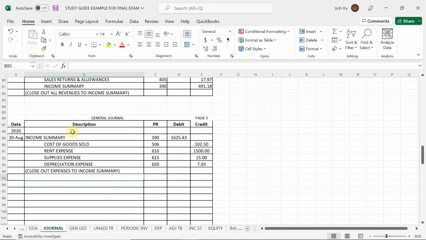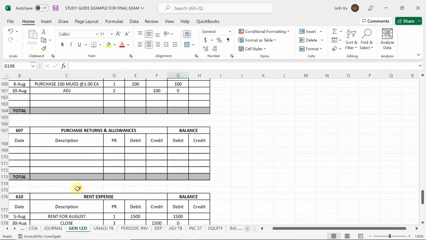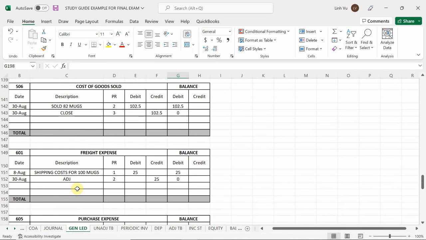All right. So now I need to do my very last account here, which is to close out my income summary for $1,625.43 on the debit side. Income summary.